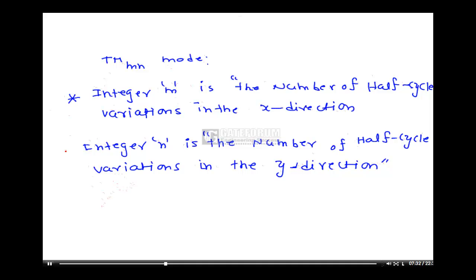So these two are very important statements, where m is the number of half cycle variations in the x direction, n is the number of half cycle variations in the y direction.